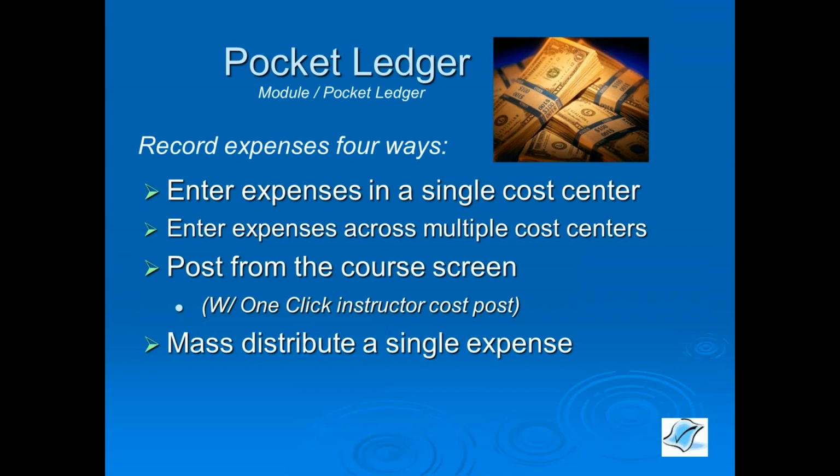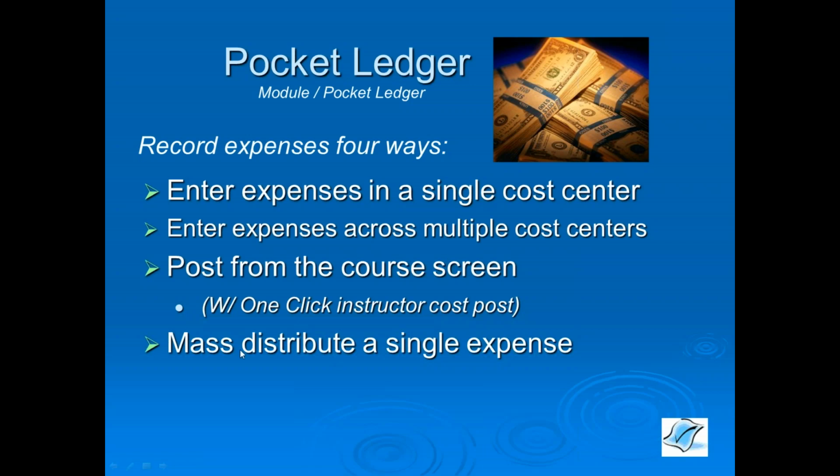When I say skunkworks, that means, of course, you have to double enter your expenses. You're still going to have to go to the campus to do that. But we give you many ways to do it. You can go to a single cost center and load them in. You can enter expenses across multiple cost centers. You can go to the course itself and enter Pocket Ledger expenses.